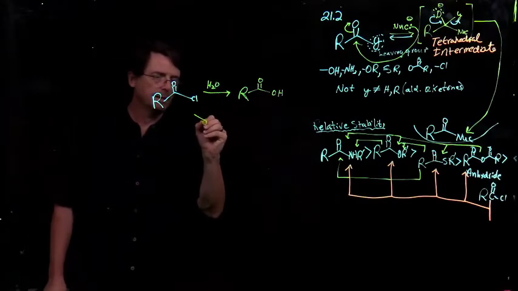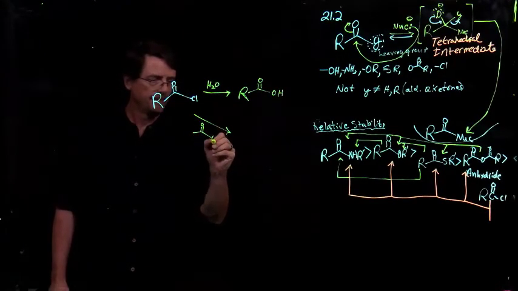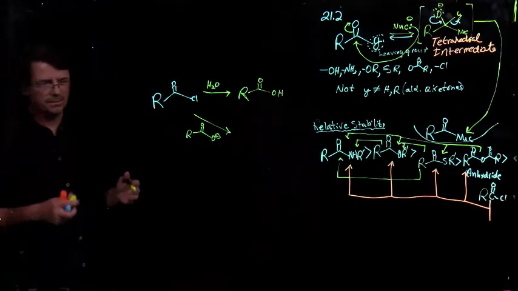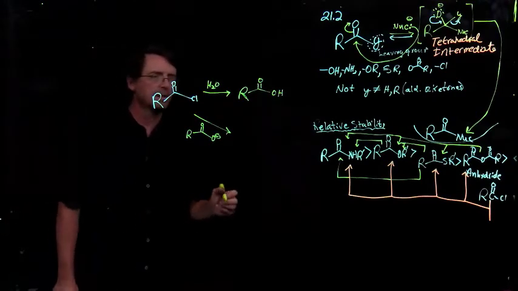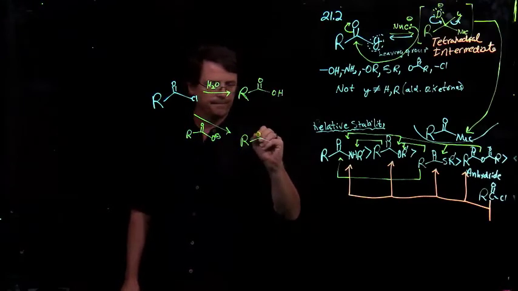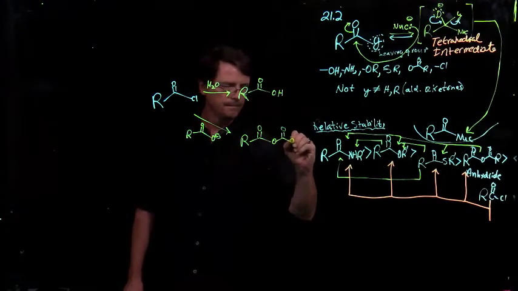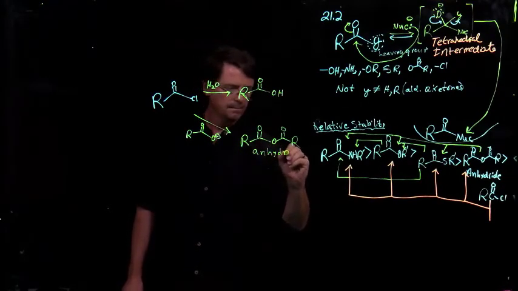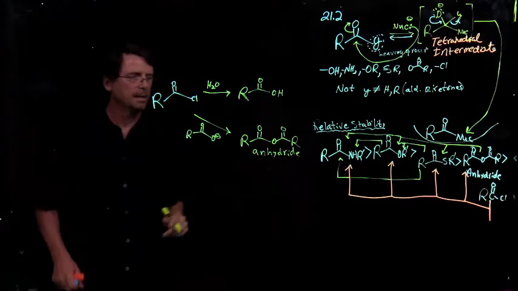We can react it with a carboxylate, and we want to typically do these symmetrically. There are occasional uses for unsymmetrical anhydrides, but not so many. Again, that's the anhydride. So we had the carboxylic acid, the anhydride.